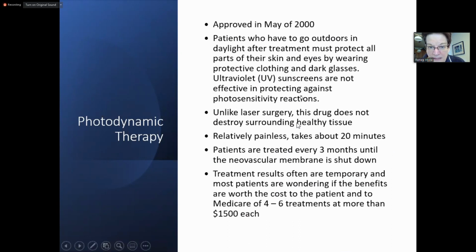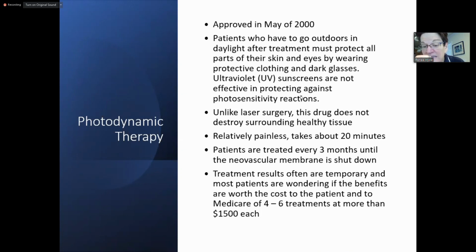Let's see. One of the nice things about this is this drug does not destroy healthy tissue. This is relatively painless, takes about 20 minutes. And typically they're treated about every 3 months until that neovascular membrane is shut down.